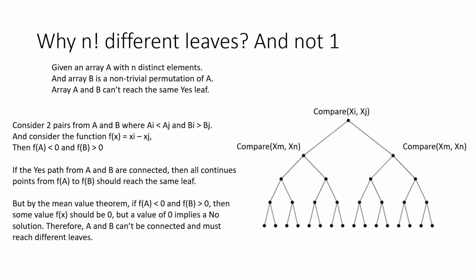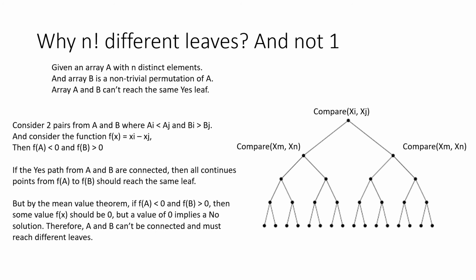But by the intermediate value theorem, if f of A is less than 0 and f of B is greater than 0, then there exists some x where f of x will be 0 because we're going from negative to positive. But if we have a value that is 0, that means that xi minus xj is 0, meaning xi is equal to xj, so that will imply that we have a no solution.